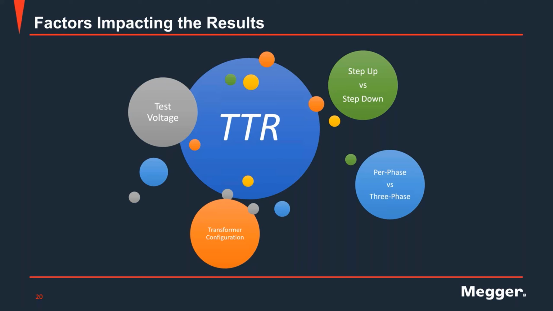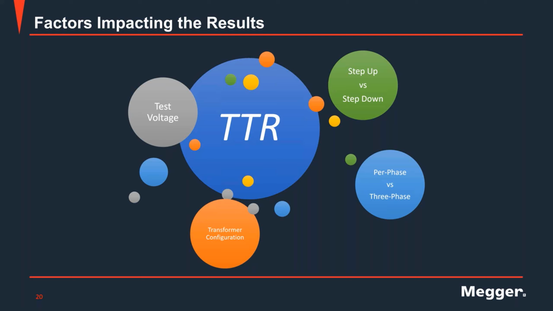So four main external factors will affect the results. Other than obviously that I have an issue with my transformer or my instrument, what are the factors that will actually affect my results in the field? Test voltage, step up versus step down technique to perform the test. I will go a little bit deeper on all of this. Per phase versus three-phase energization, right?